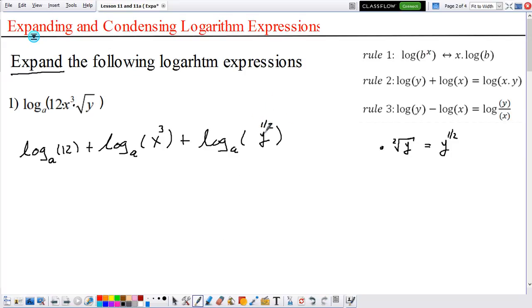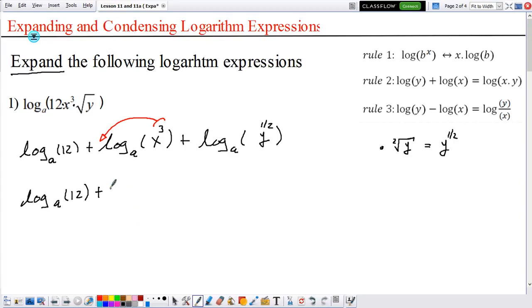Now, what do we know about exponents? If I have an exponent, I can bring it to the front according to the first rule. The first expression doesn't have an exponent, so I'm just going to rewrite it. That's log of a of 12 plus, but notice the second expression does have an exponent, so we need to bring this to the front.